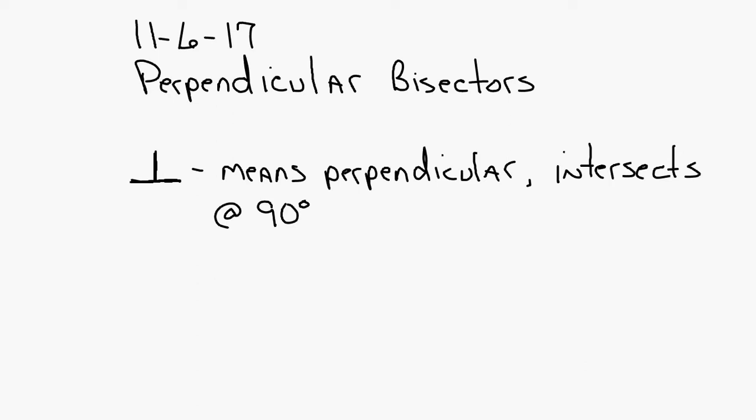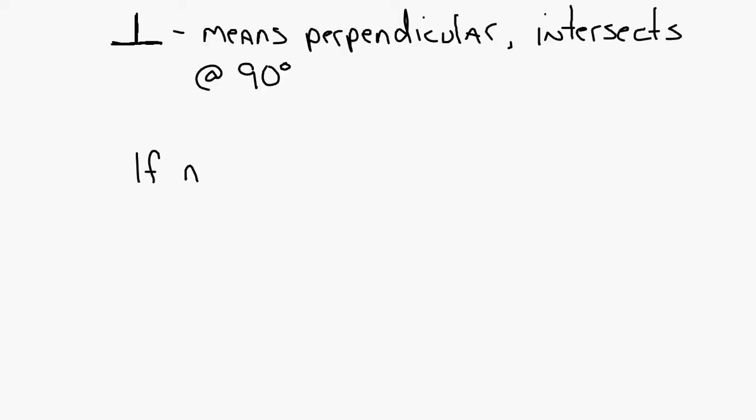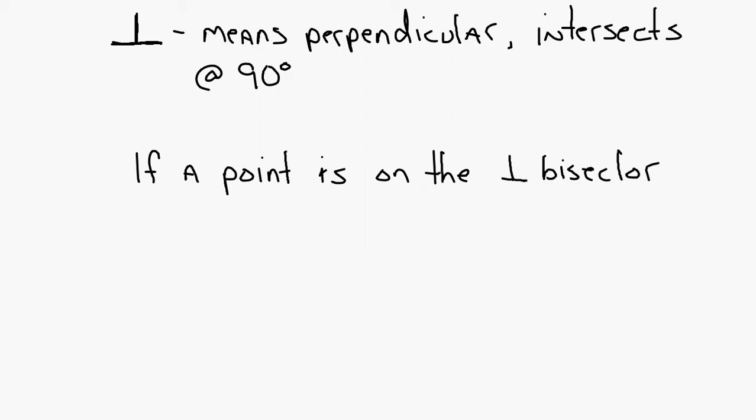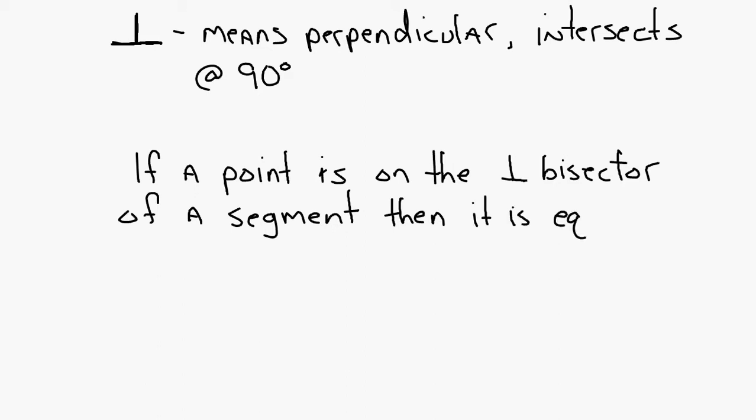All right, the first theorem that you need in your notes today is the perpendicular bisector theorem. It says that if a point is on the perpendicular bisector of a segment, then it is equidistant from the ends of the segment.